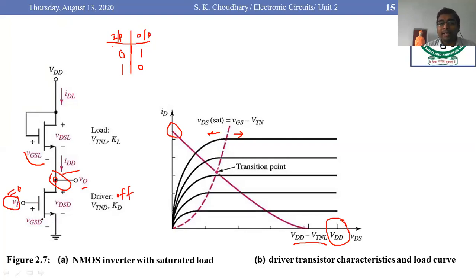So no drain current is flowing. If no drain current is flowing, there is no voltage drop. So what is the output now? Only the drop is the threshold voltage of this load device.